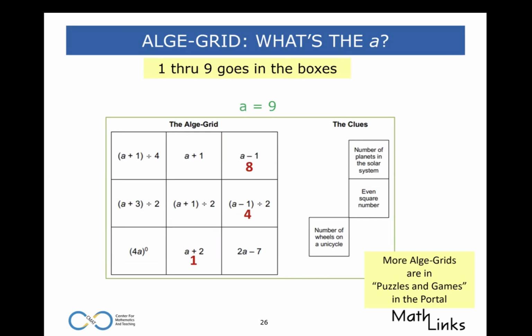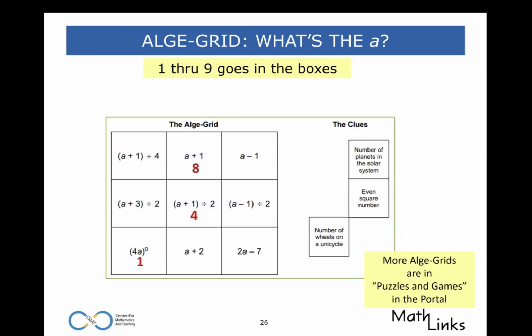Below that, substituting A equals 9 into the expression gives us 8 divided by 2 equals 4. So far, so good. And then below, since 9 plus 2 is 11, not 1, we know that these clue values do not work here. So A cannot equal 9.